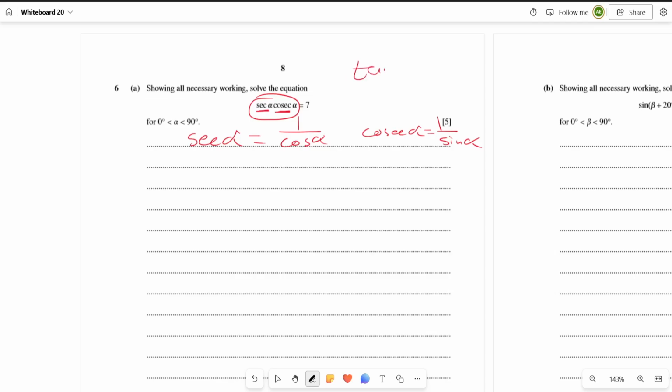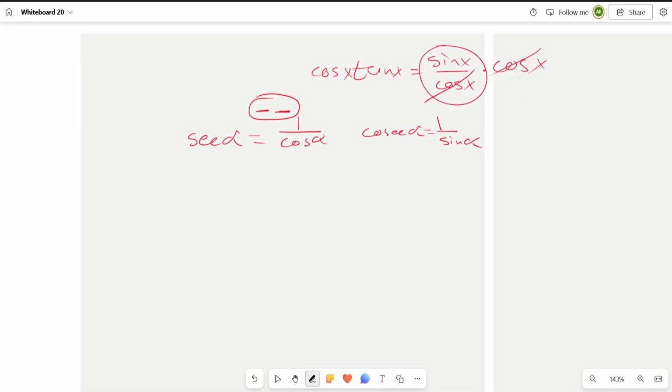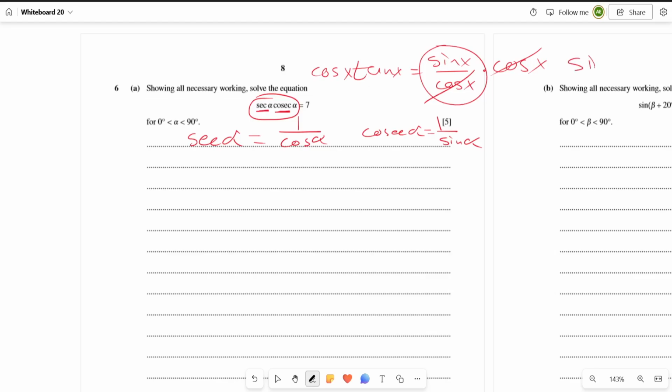Even tan, if I have a tan x, I will usually try to change it into sine x over cosine x, and then maybe there is a multiplying cosine x. So let's say the question was cos x tan x, this is going to be sine x over cos x times the cos x. These will cancel and you will end up with sine x only, which is what you want. So this is a tip that you can feel free to follow, but I find it super useful.